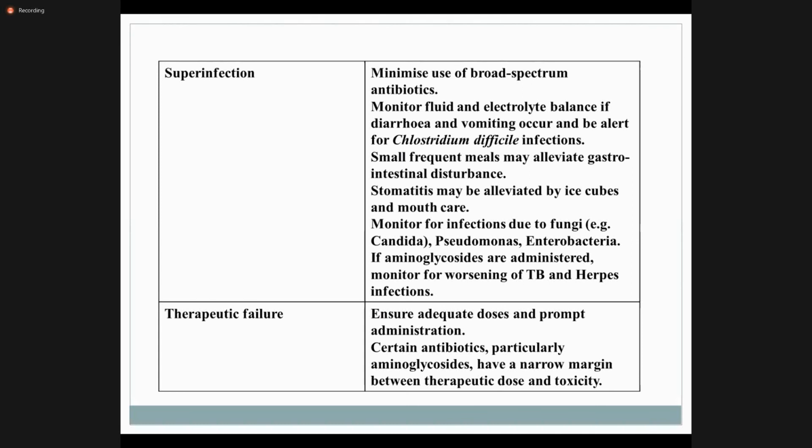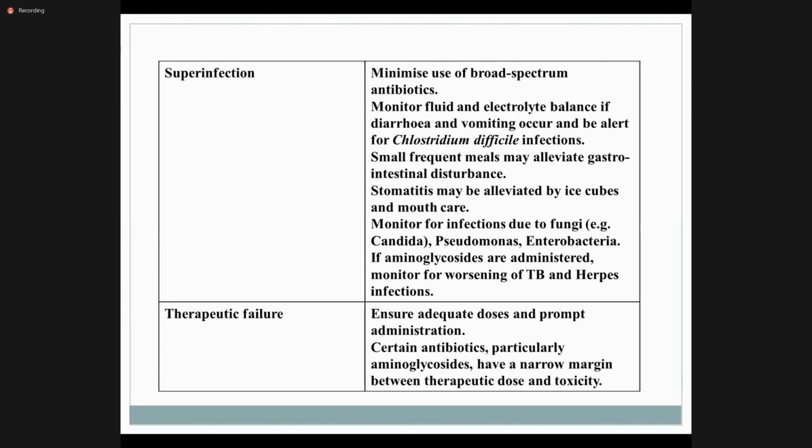This is one of the infections labeled as superinfection. Normally, Clostridium difficile has no opportunity to multiply, but if normal flora activity is suppressed, it has the chance to multiply and can cause severe diarrhea.